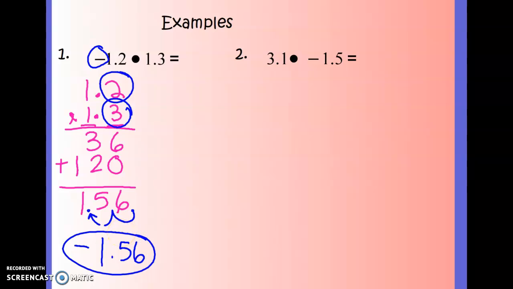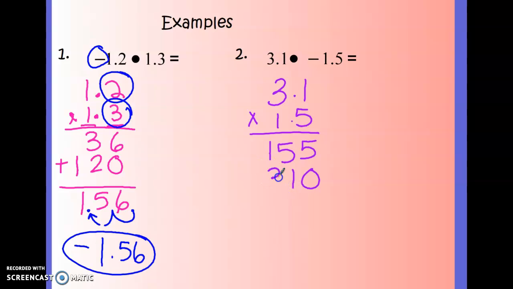Okay, let's do another problem. 3 and 1/10 times negative 1 and 5/10. So again, I'm going to set it up to multiply. Then I go with my ones place. 5 times 1 is 5. 5 times 3 is 15. Okay, move over to my tens. To show that, I have to add a 0. 1 times 1 is 1. 1 times 3 is 3.